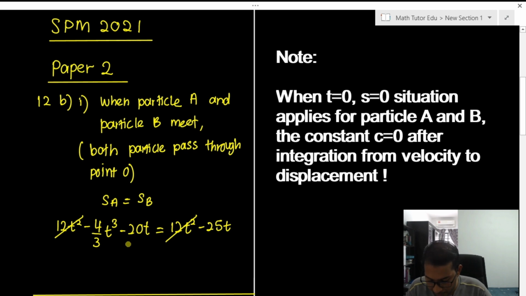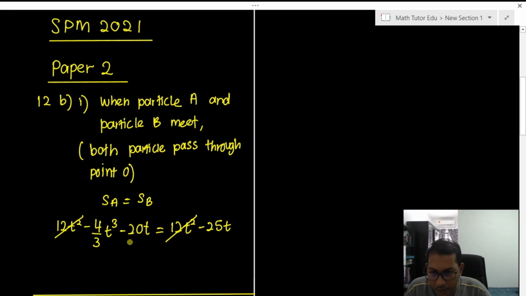Okay, so from here you group the like terms. This negative 25t from the right hand side you move over to the left hand side, so it will become positive 25t. Then you calculate and you get 5t.